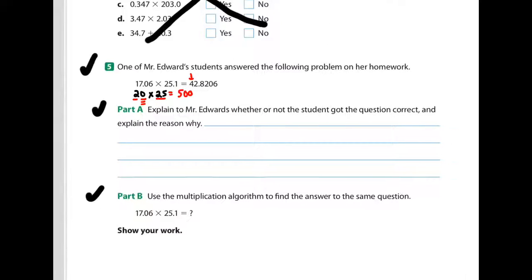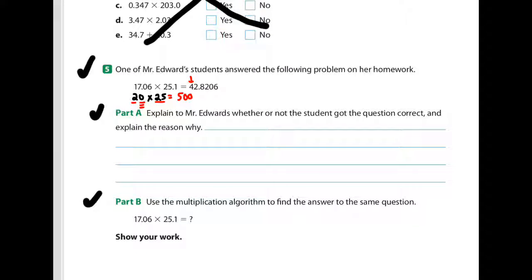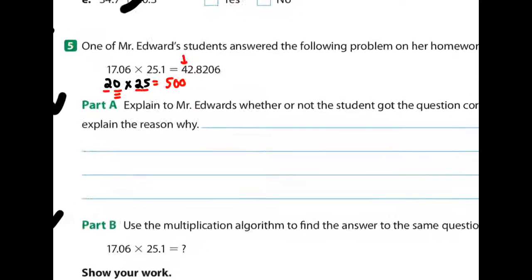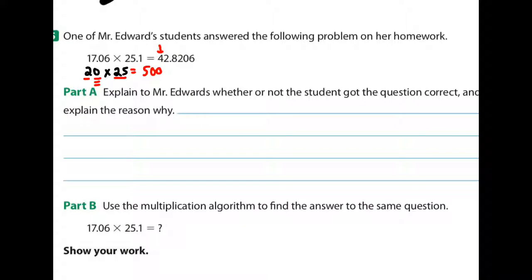So if I explain whether or not the student got the question correct, I'm going to use my estimate. All right? So I'm going to say the student is not correct.